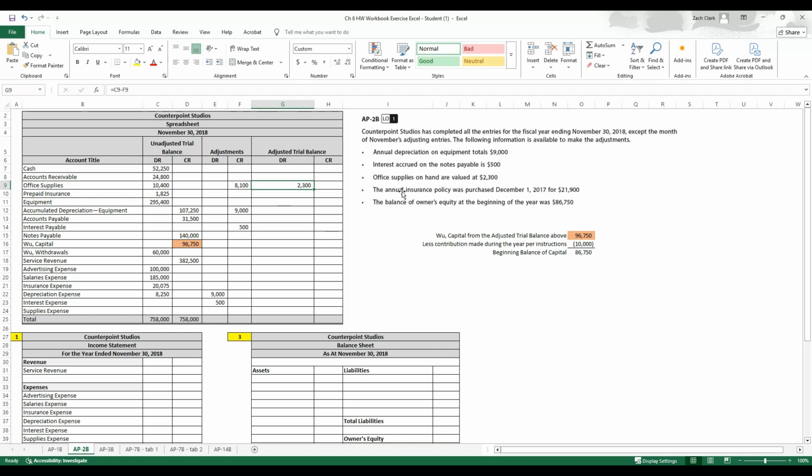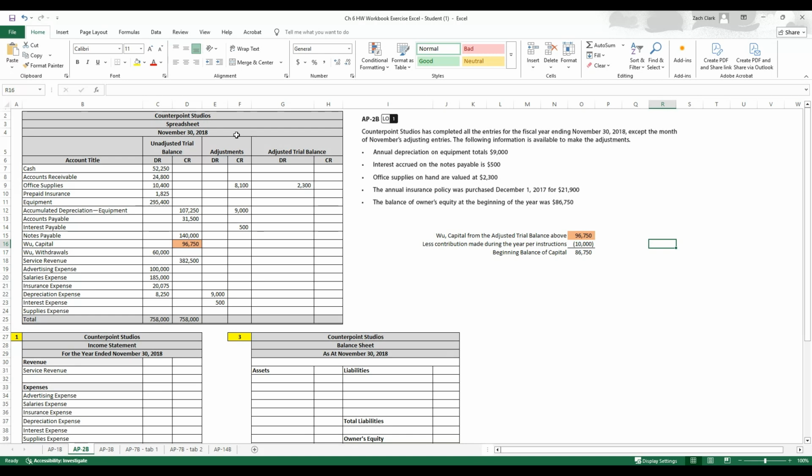Okay. And then finally, the annual insurance policy was purchased on December 1st, 2017 for $21,900. So we're going to need to look at prepaid insurance, and let's take a look. So December 1st, 2017.